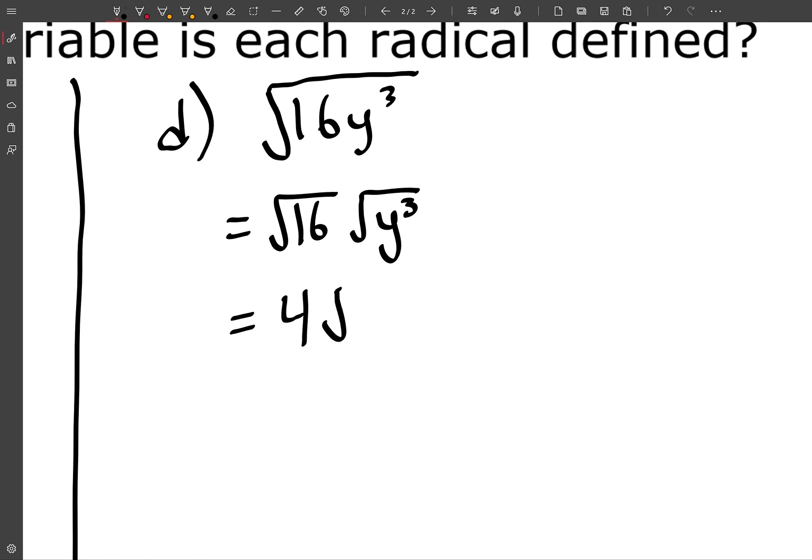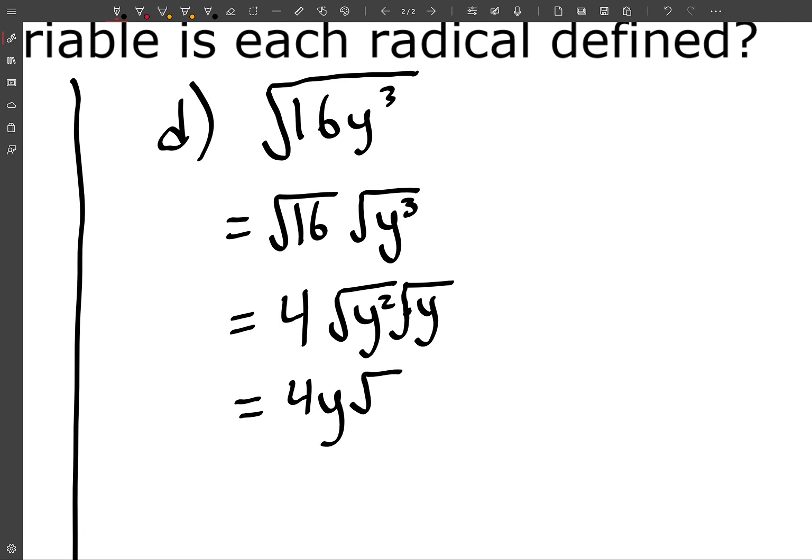And y cubed, I can break that up into y squared and y. Y squared times y would be y cubed. I'm going to separate those out. So the square root of y squared is just y. And I can't pull out that last square root of y.